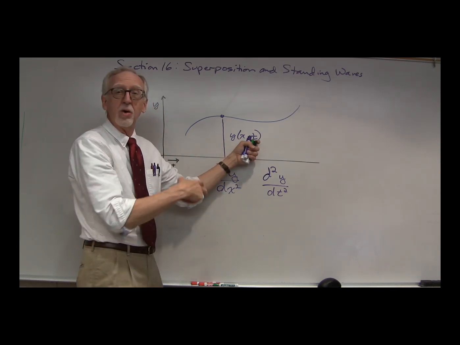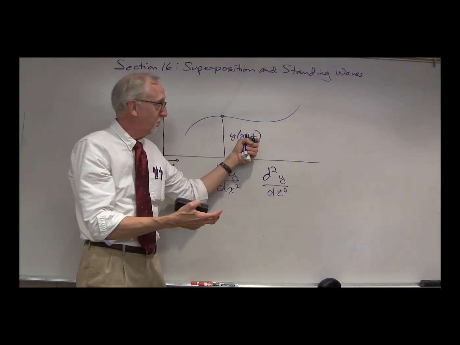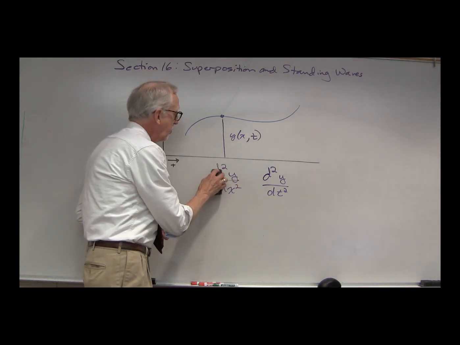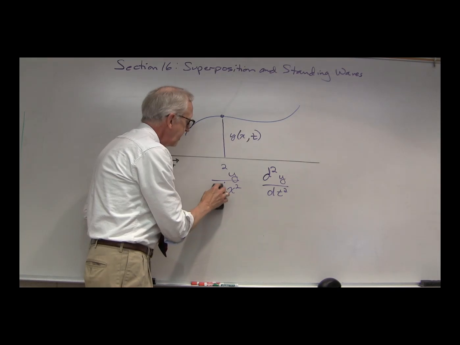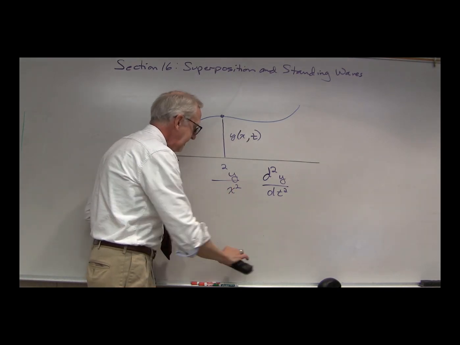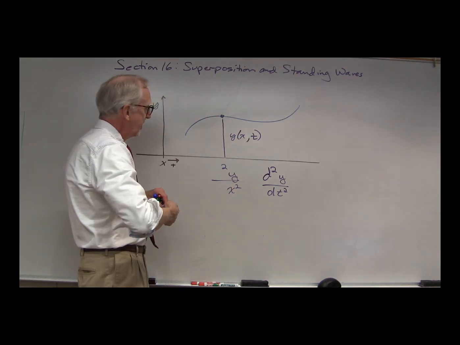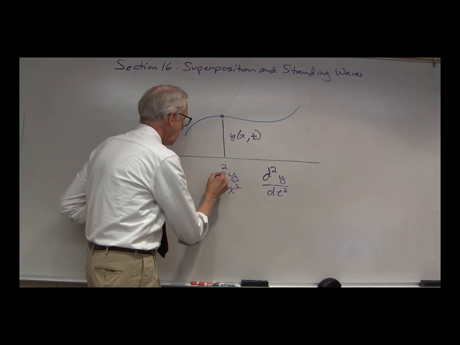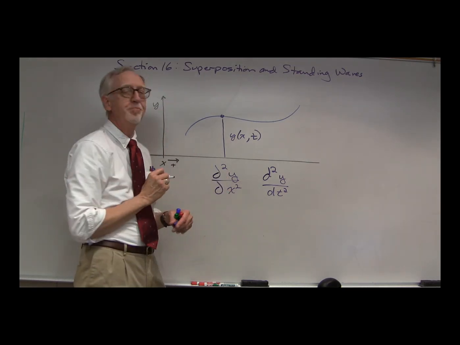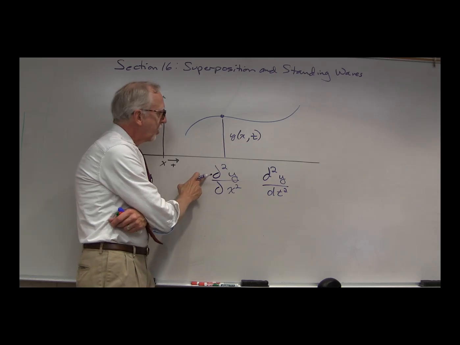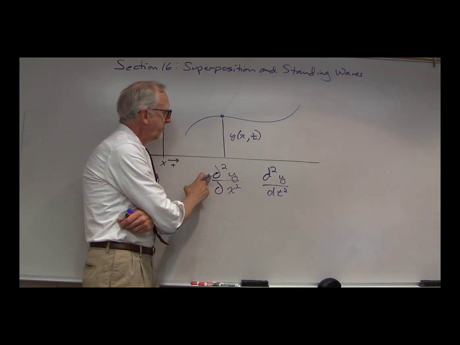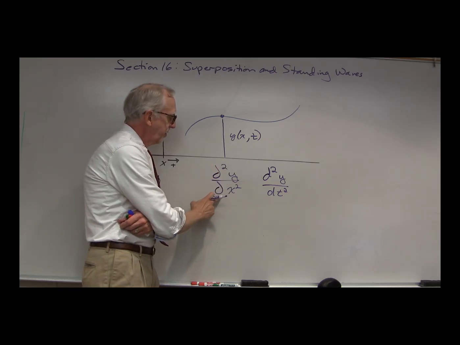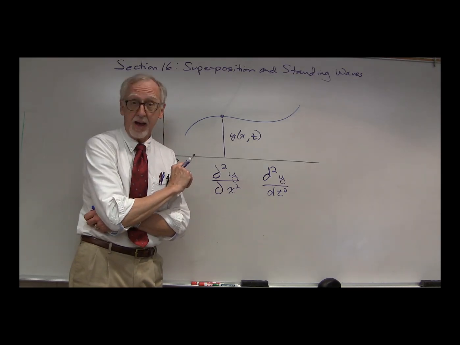The way we write that is not with a regular looking d, but with a funny looking d like that. So this is the partial squared of y with respect to x.